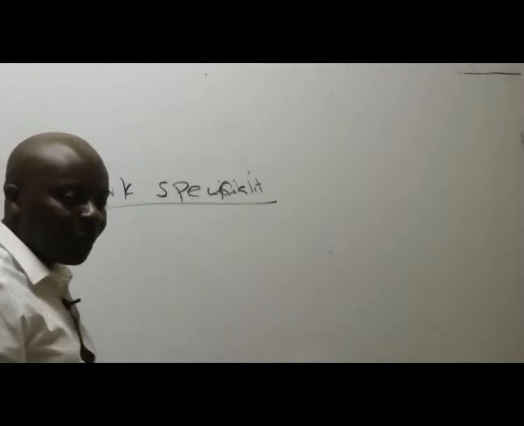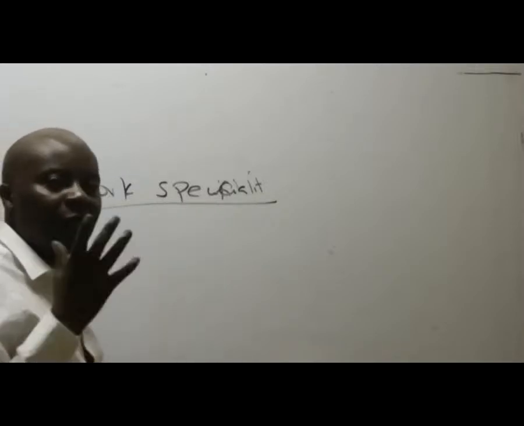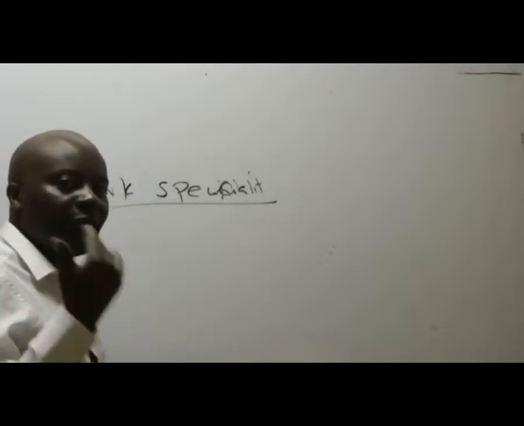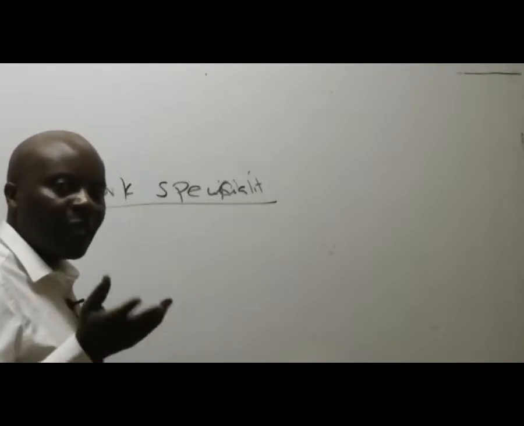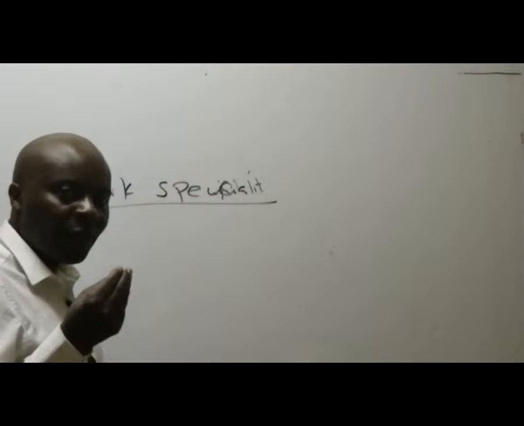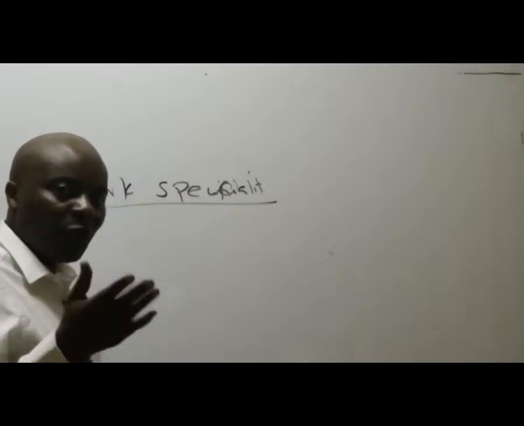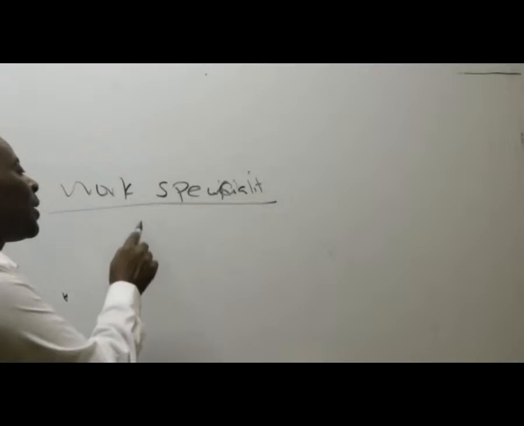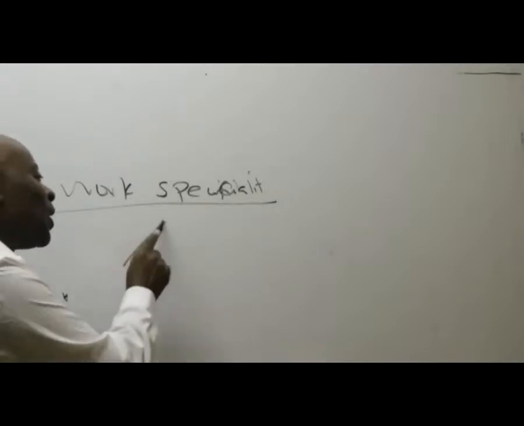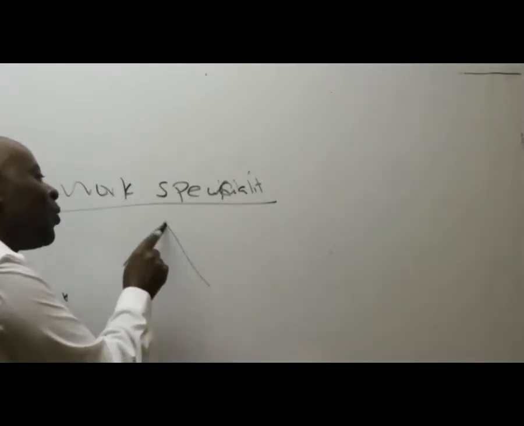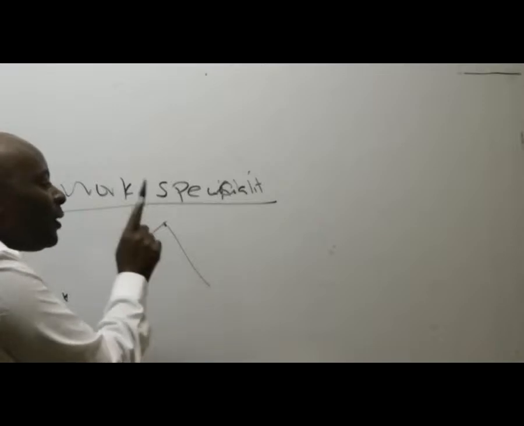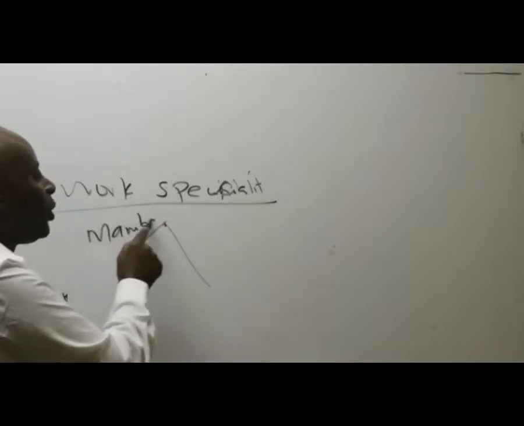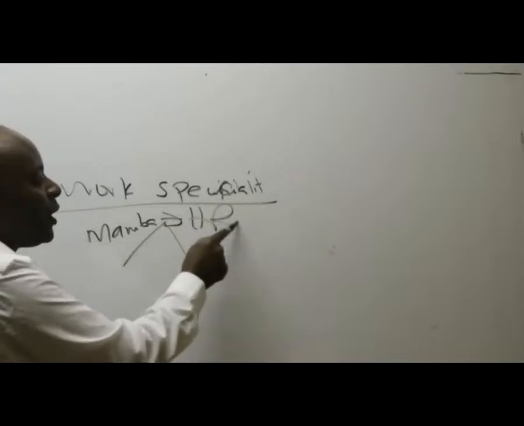If you're not careful, we may end up having employees who are misplaced, taken to departments that are not fitting their level of skills, whatever courses they did. So under work specialization, this organizational structure would want to put these employees where we think they fit best, given their skills. So in this case, Mamba should employ a very experienced HR.